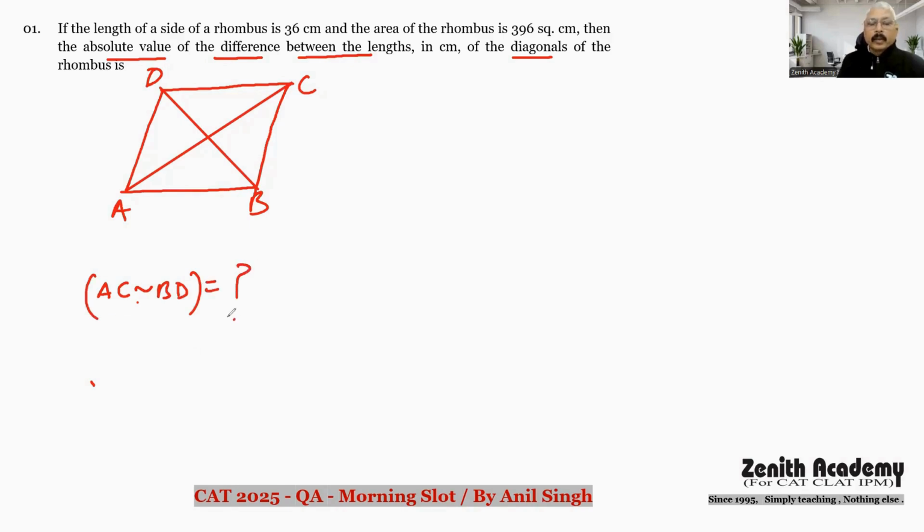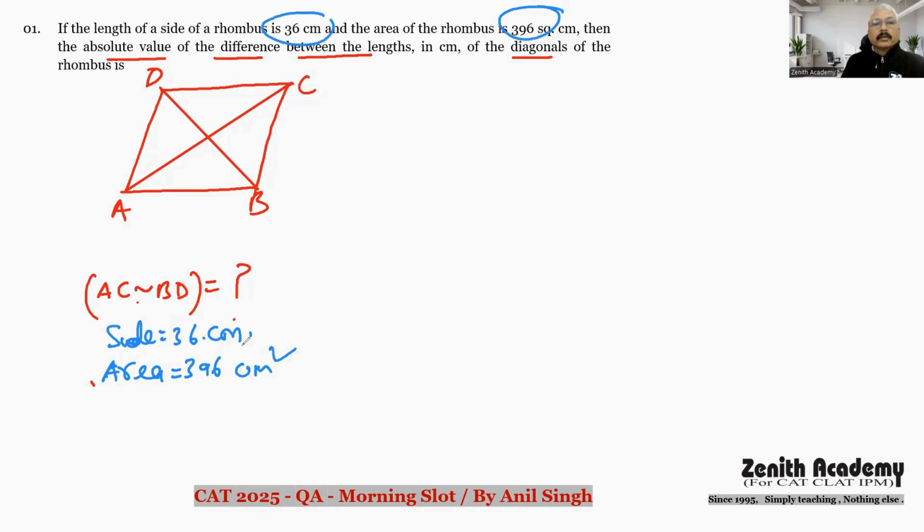Okay, this is the requirement of the question, and here it is given that the side of this rhombus is 36 centimeter, and the area is given, 396 centimeter square.